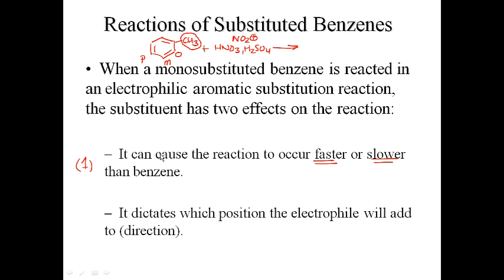Then the second thing that we need to know is what the major product is. So this group is what we're going to call a director. And it's going to tell the electrophile where to go. It's going to say, go to the ortho position, go to the meta position, go to the para position. And so we need to talk about what groups direct to what positions.